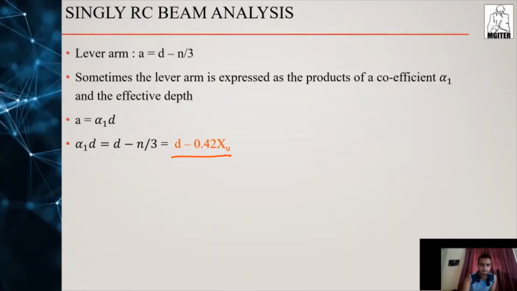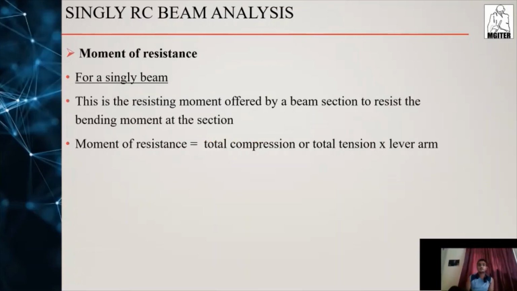Understood? Then the moment of resistance. Moment of resistance for the singly reinforced beam. This is the resisting moment offered by a beam section to resist a bending moment at the section. Moment of resistance means how much moment your beam can carry. If you design a beam and try to analyze your beam, you have to find the moment of resistance.